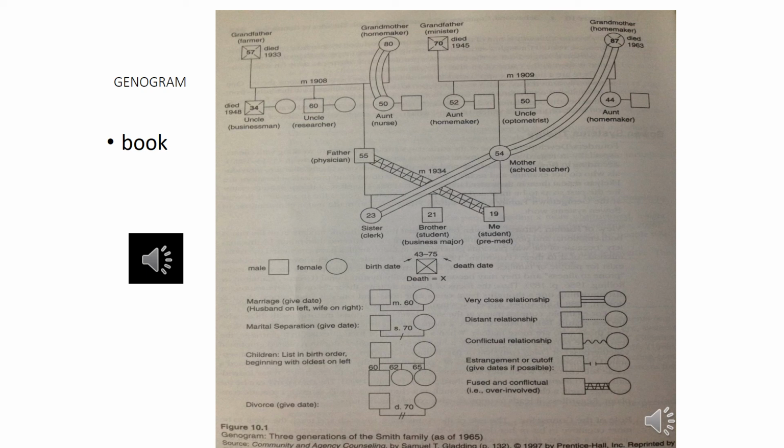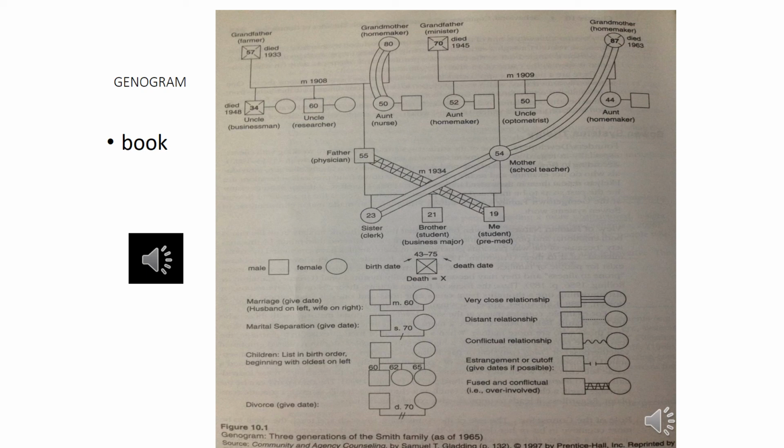Below this genogram, you can see the explanation. The square is used for a male person and the circular figure is used for the female. If it is a confirmed marriage, there is a direct, strong, established line showing their interconnectivity or bonding.